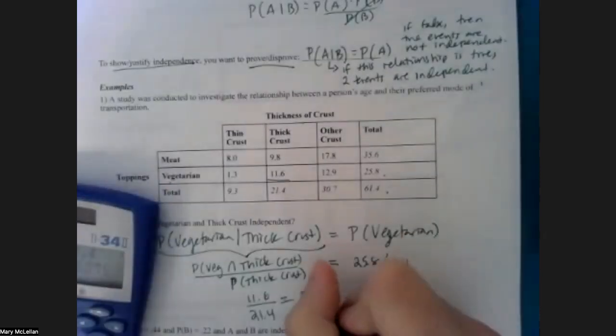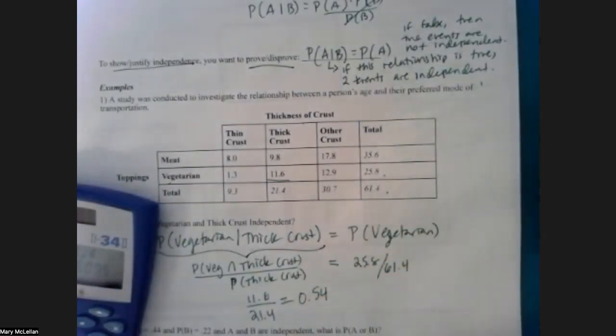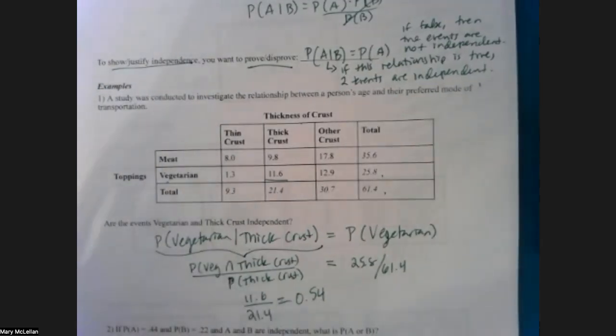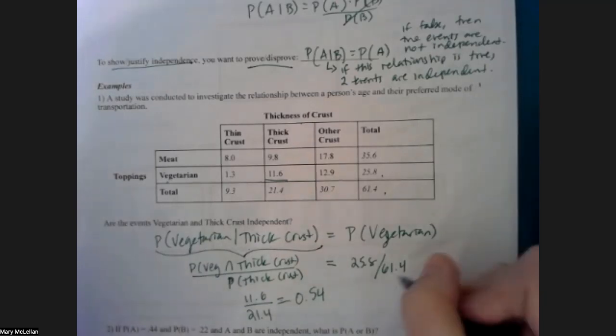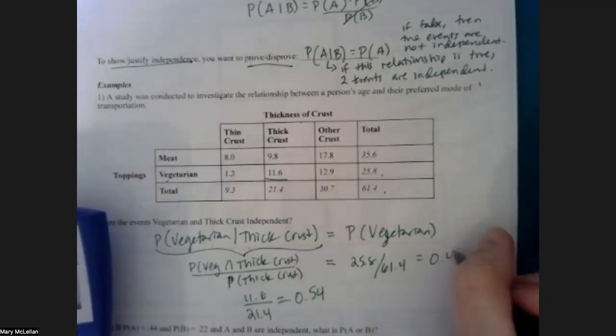That's equal to 0.54. And 25.8 divided by 61.4 is equal to 0.42.